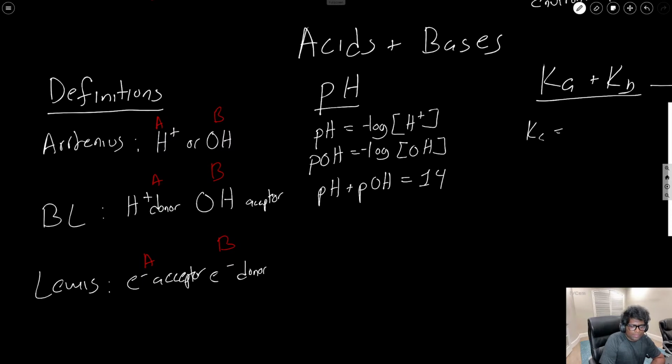So Ka equals... I want to know that, looking at this equation, how would you know if an acid is a strong acid or a weak acid based off of Ka? Let's talk about it.